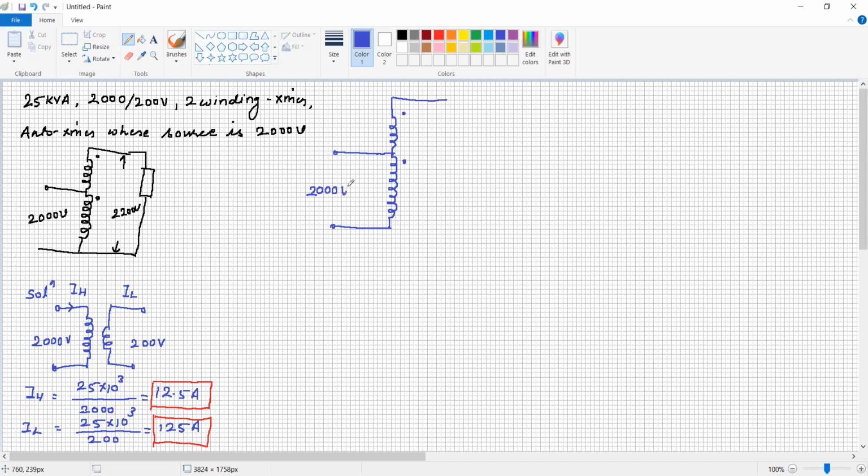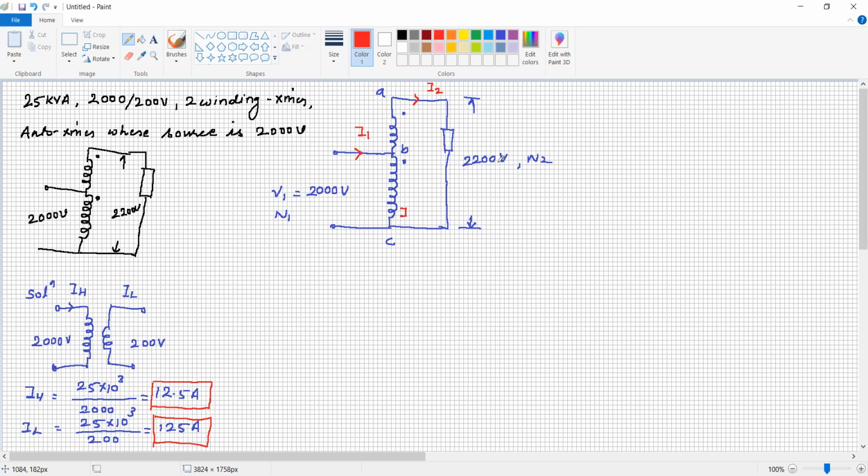V1 is equal to 2000 volt with N1 total turns.